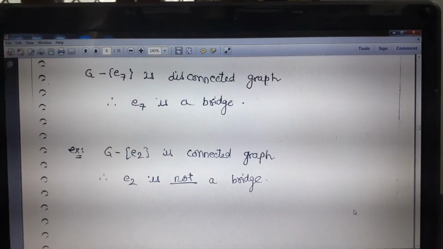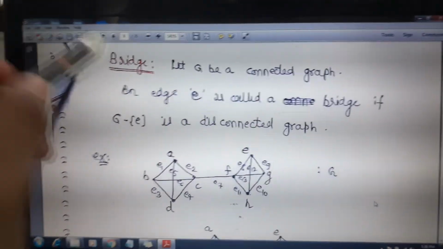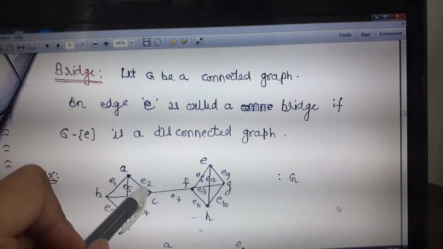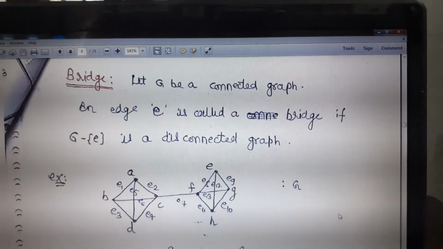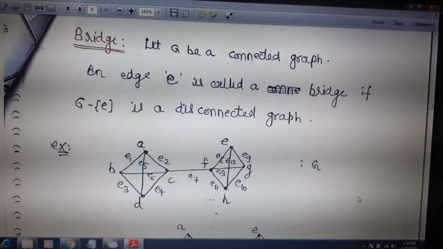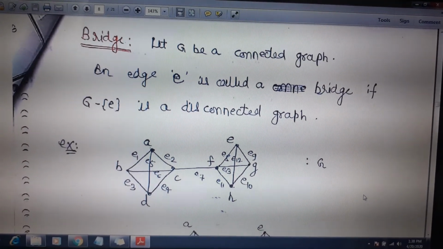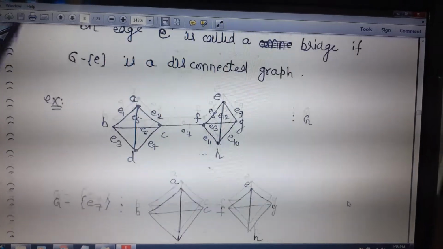If I remove E2, the rest of the graph will be all the edges except E2. Again, since the graph that we receive after removing E2 is a connected graph, hence E2 is not a bridge.